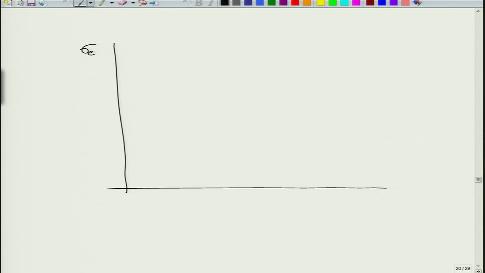So, when you compare these two plots, let us say we plot first sigma E versus e. We know that sigma E versus e looks something like this. This is the engineering stress strain curve.